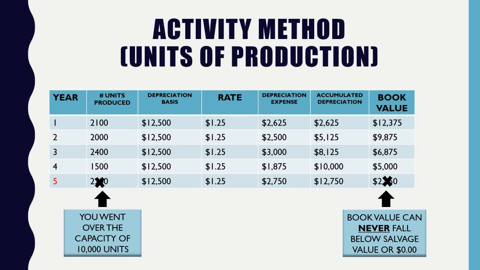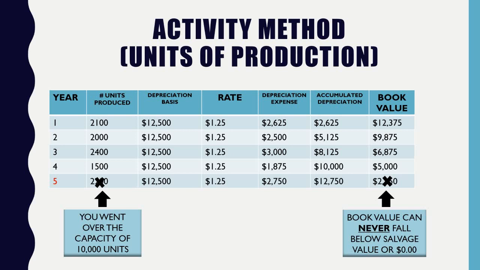You would still check the product, and if it's not defective, you could put that into your inventory. However, when you depreciate the actual machine, you're only allowed to depreciate it for its capacity amount. So it cannot go beyond 10,000 units, because that's what the capacity was set out for.